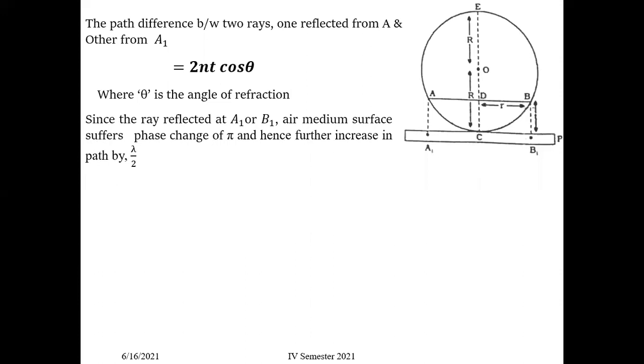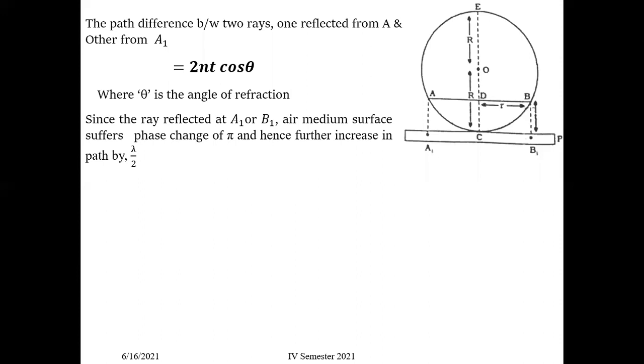Since the light ray at A1 or B1 is reflected in the rarer medium, the air medium, as per Stokes treatment there is always a change in phase, a phase change of pi, corresponding to a path difference of lambda by 2.